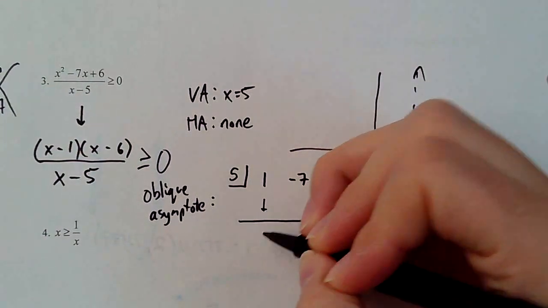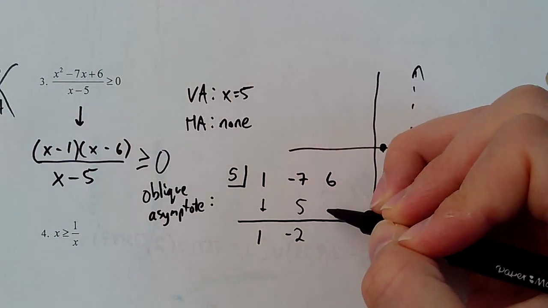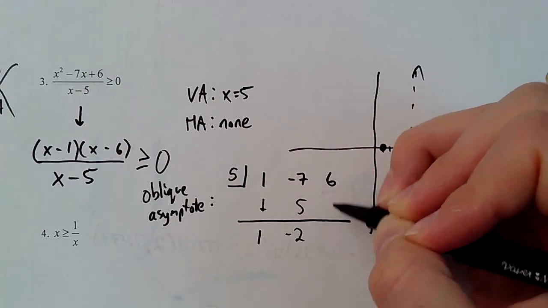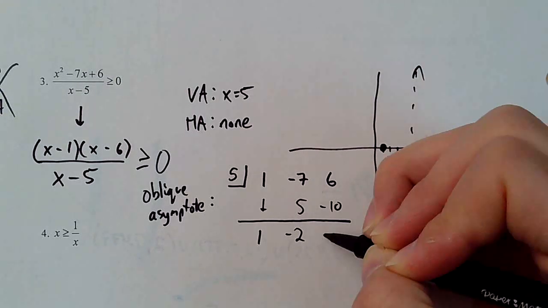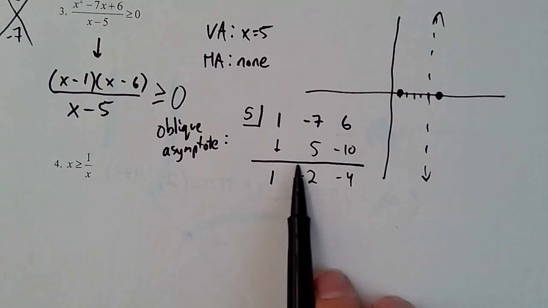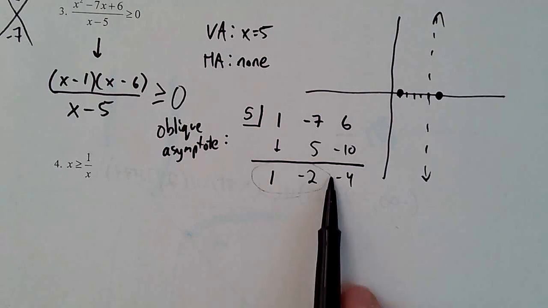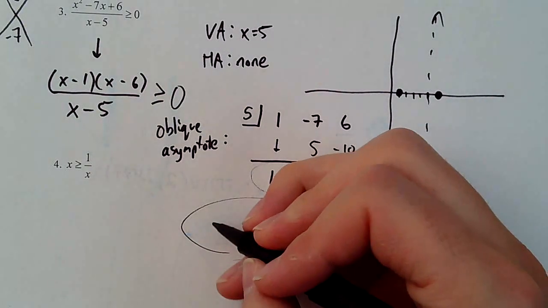So synthetic division, we're going to bring down this 1, then we're going to multiply, add, multiply, add. Okay, so we've done our synthetic division here. This right here is our asymptote. So x minus 2, this is the asymptote, y equals x minus 2.